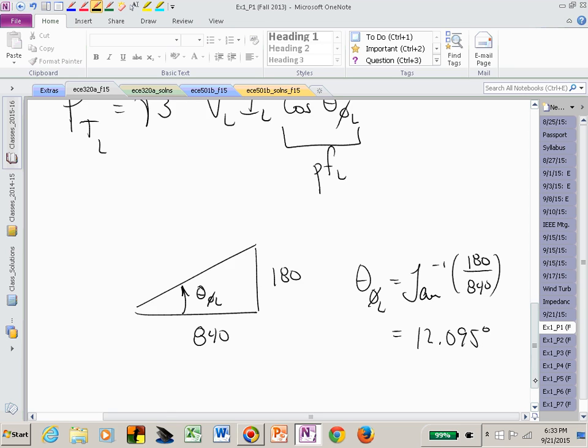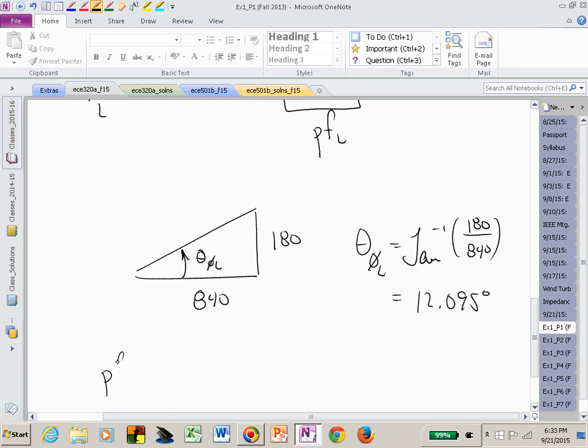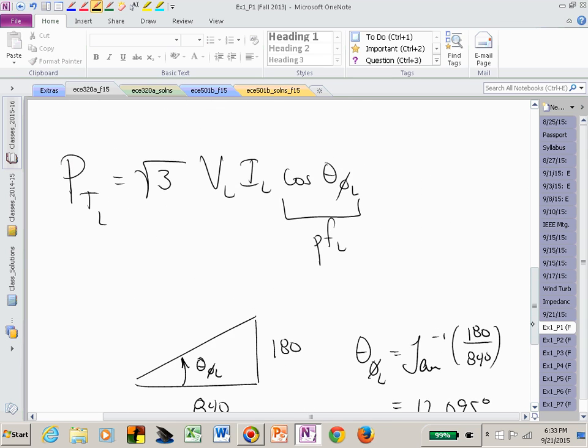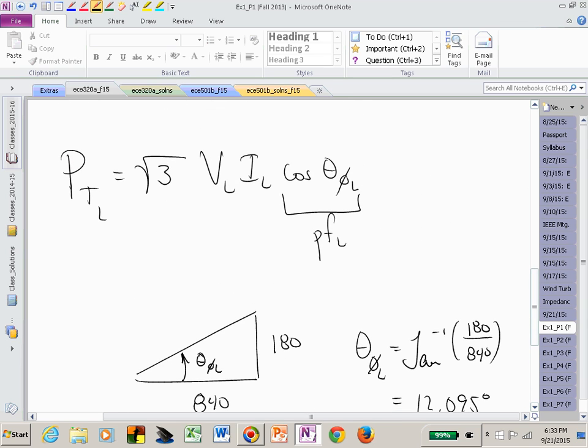And that now allows me to find the power factor of the load, which is the cosine of theta sub L, or the cosine of 12.095 degrees, which is 0.9778. Lagging, if we need it. In this formula, we don't need to know if it's leading or lagging, do we?